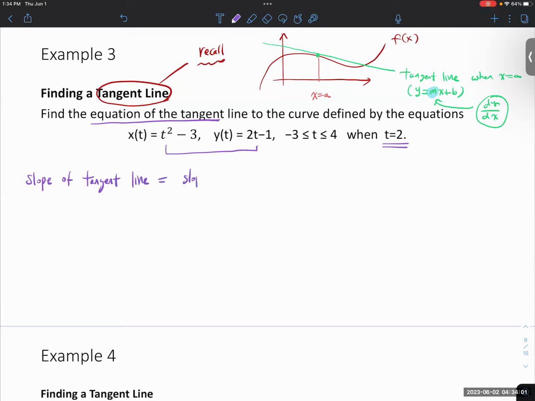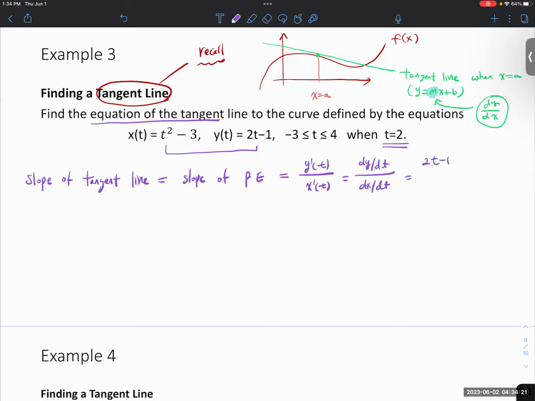This is the same as the slope of the parametric equation. So we take a look at y prime of t over x prime of t, which means you're going to take the derivative of the y equation with respect to t over dx over dt.